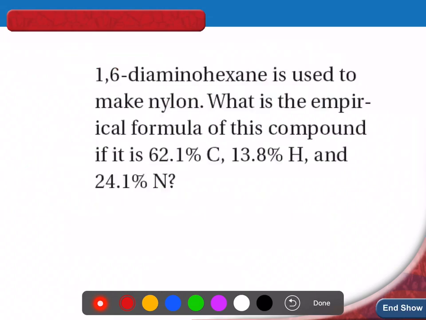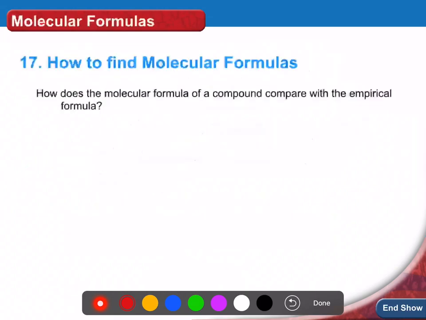All right, so more examples, but I'll give you more of those later. So the molecular formula is always going to be a multiple of the empirical formula. Like, for instance, back to that peroxide, its empirical formula is this. To get the molecular formula, you would multiply it by 2.